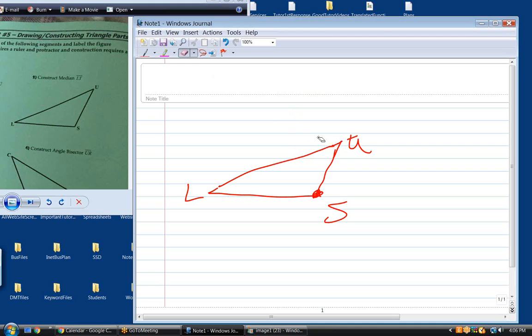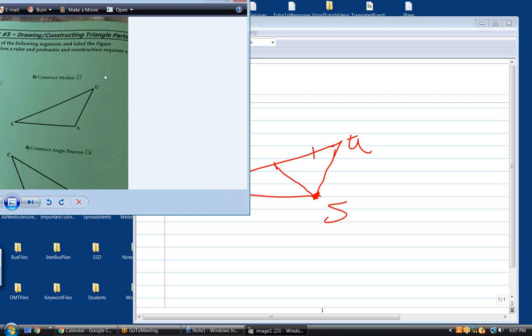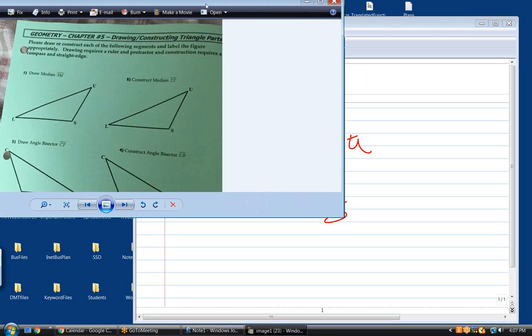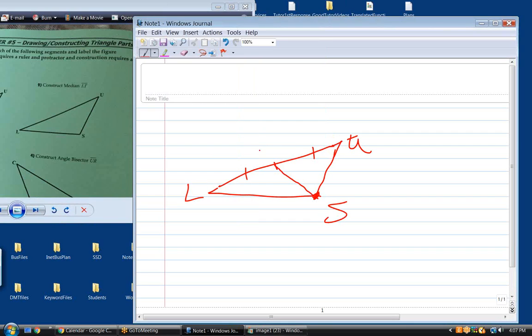I had to refresh my definitions. A median goes from S to the midpoint of the other side, hence the word median, such that that side is equal to that side. So in this first problem, let's go back, and we're constructing SM.